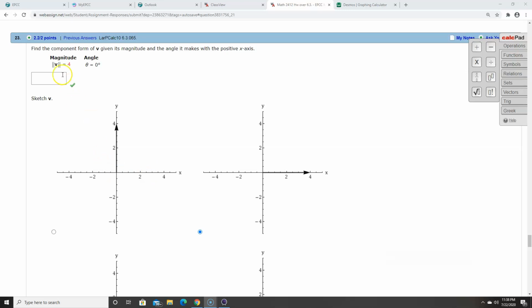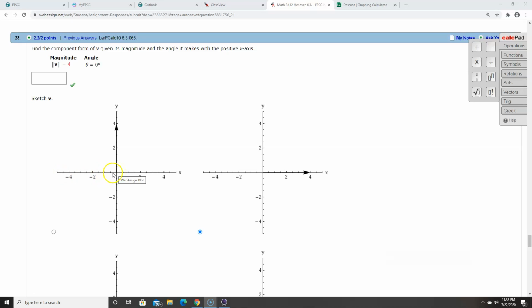And now, the magnitude is 4 units. If you were looking this way, that would be 180 degrees. If you were at the origin looking that way, then you would have had to turn, because you have to start looking in the positive x-axis direction in standard position for an angle.